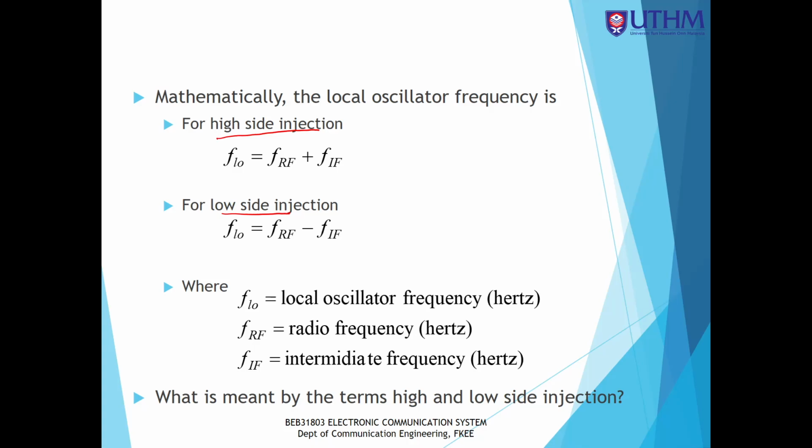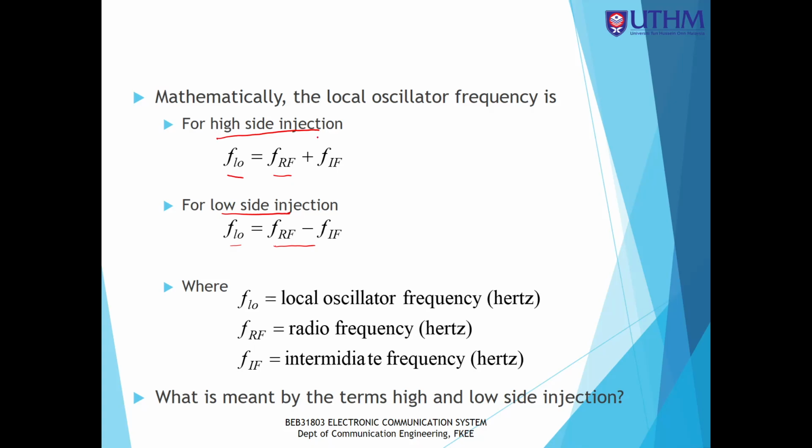High side injection is a term we use to show that the local oscillator frequency is larger than the RF frequency. If the local oscillator frequency is lower than the RF frequency, the frequency is calculated as FRF minus FIF.